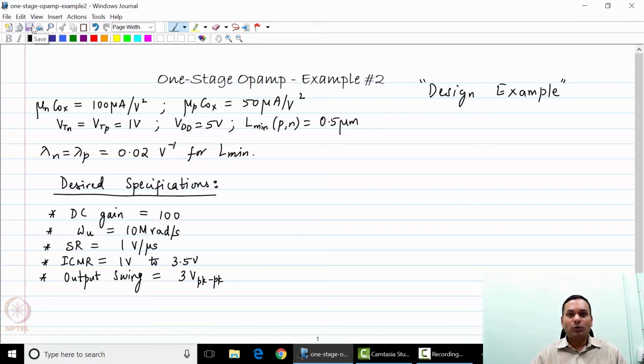Now, our job is to translate these specifications into a set of widths and lengths and bias currents for the transistors. So now let us start off listing out the requirements. First of all, each of these specifications that you have required actually depends on certain variables such as GM, GDS, capacitance, etc. The one thing we have not added is the load capacitance CL, which we shall say is 10 picofarad.